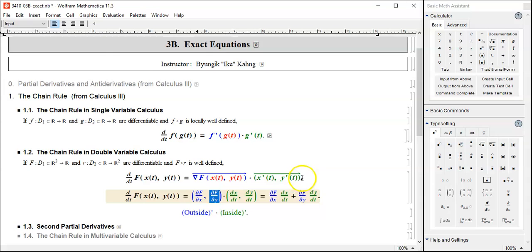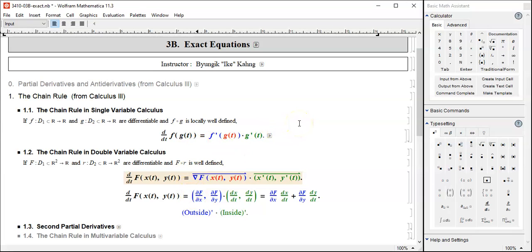How about the green part? x and y are two separate functions now, even though they're paired together, and they're both single variable functions. So x prime of t and y prime of t you can calculate separately. You can consider x comma y as a position vector. Then its derivative, the rate of change, is the velocity. So this green part corresponds to velocity, and the blue part corresponds to partial derivatives.